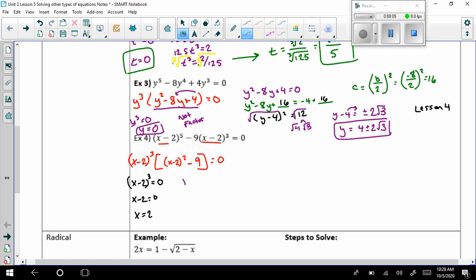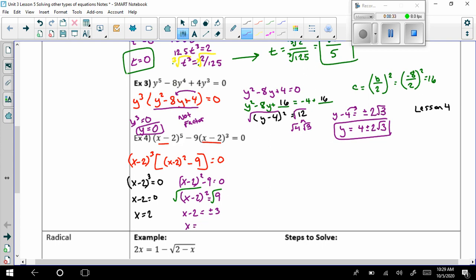We can also say that x minus 2 squared minus 9 equals 0, so x minus 2 squared is equal to 9. Getting rid of that square, I'm going to take the square root of both sides. So I get x minus 2 is equal to plus or minus 3. And you have to do both.